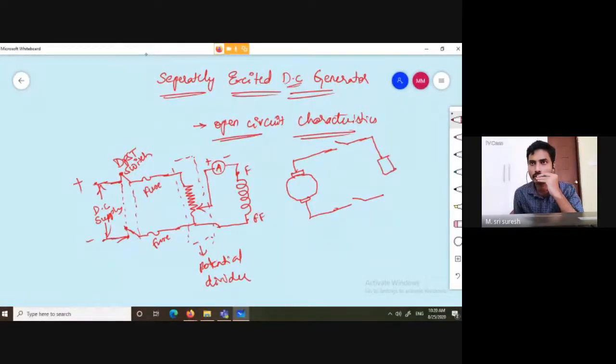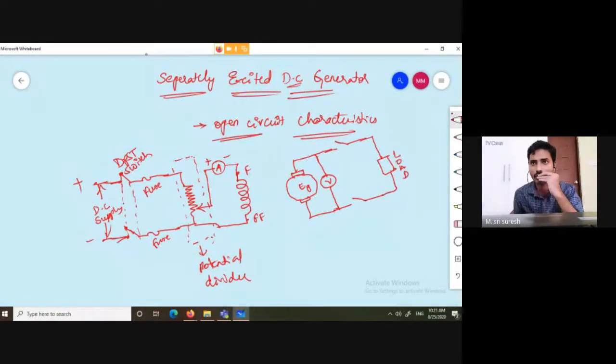This is the load. And this is the voltmeter. The voltmeter reads the voltage value. Why is it connected in parallel? Because in parallel the voltage is the same, so the armature EG will be measured with the voltmeter. These two are connected in parallel so that the same voltage will be indicated in the voltmeter. In order to indicate EG, the voltmeter is connected in parallel with the armature.